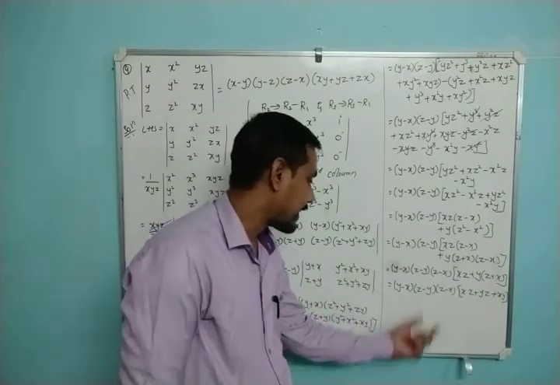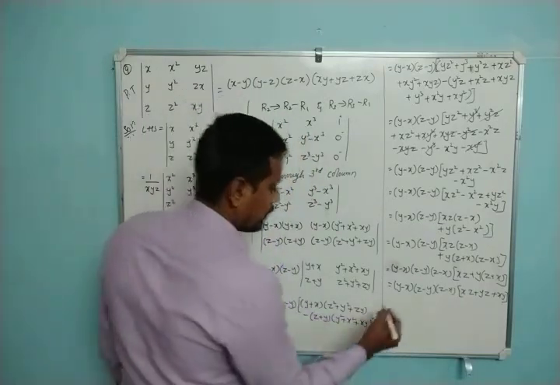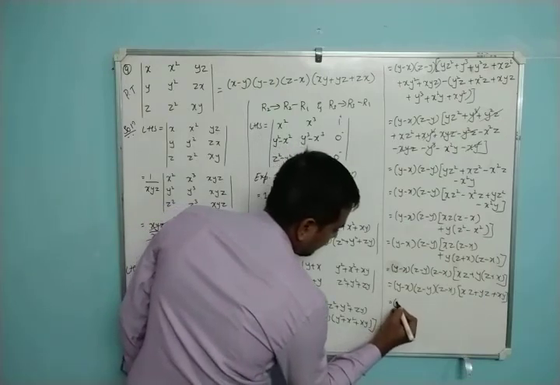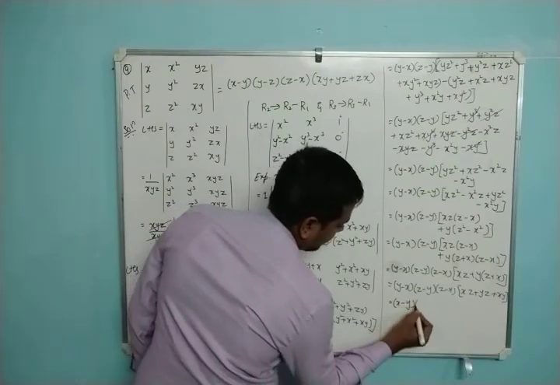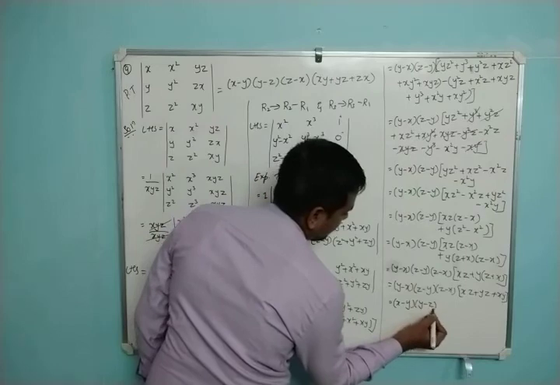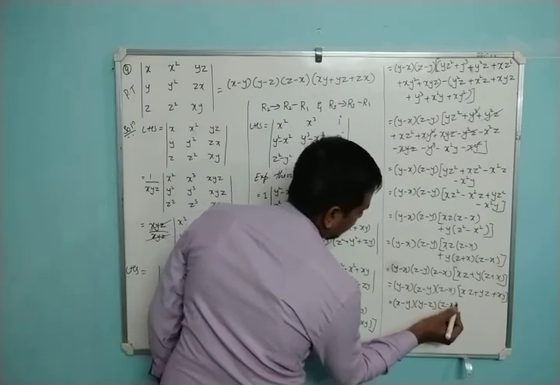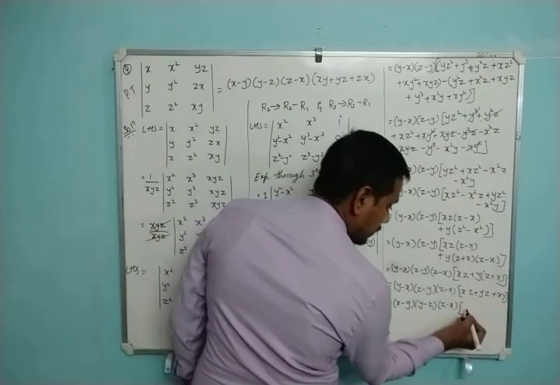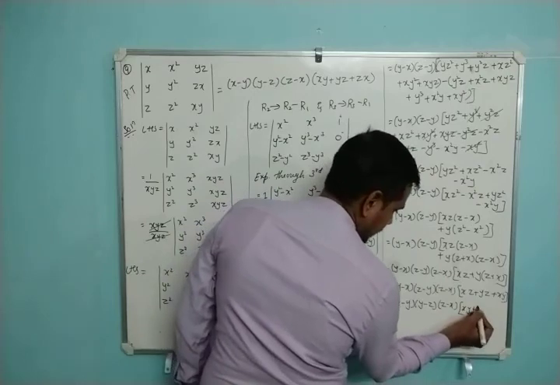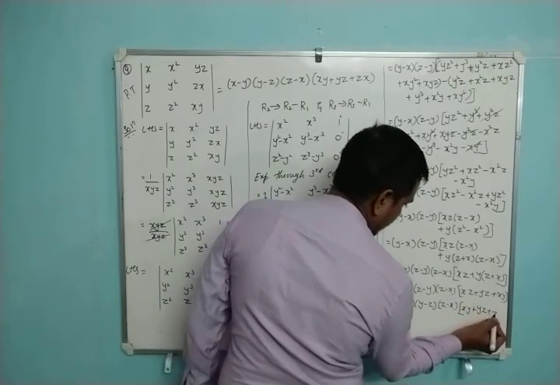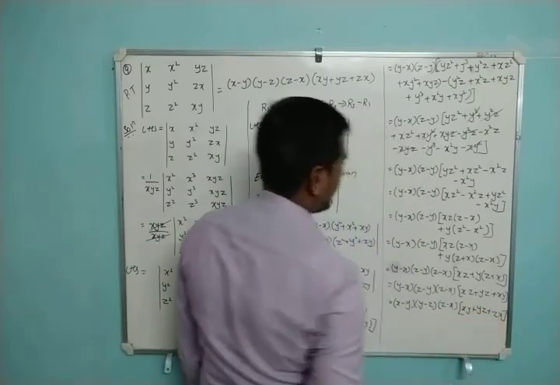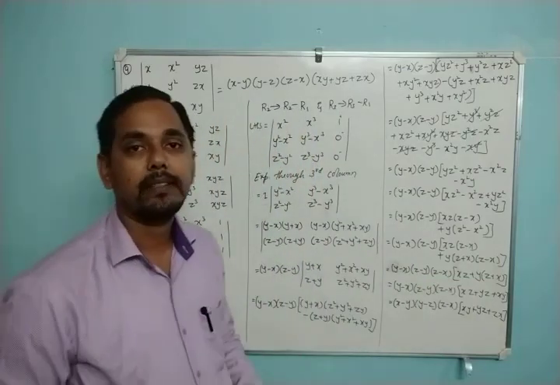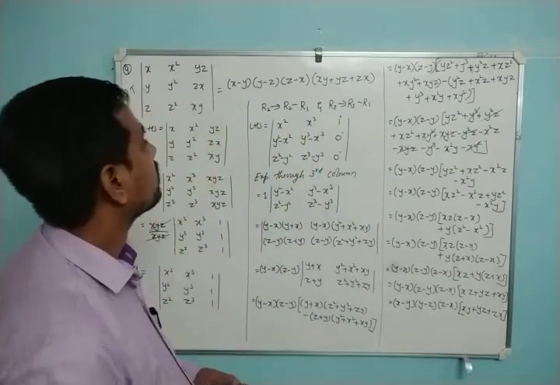So negative into negative becomes positive. So I can write this as x minus y into y minus z into z minus x into xy plus yz plus zx. Is that clear? So this is what was required here.